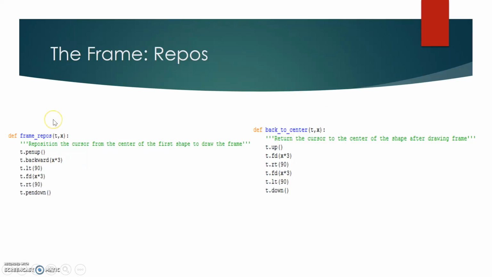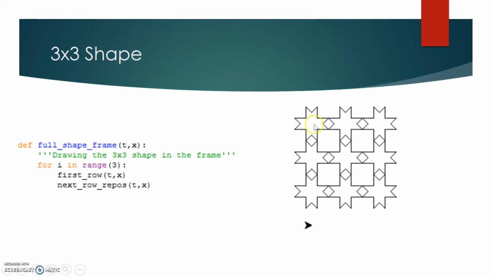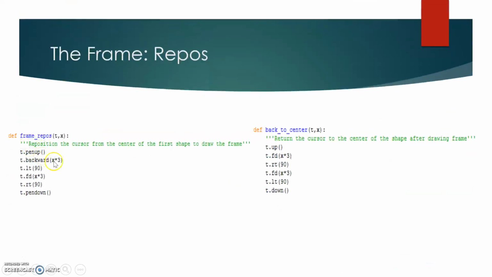This function is also a reposition, but to draw the square, and it starts from the center of the first shape and goes to the top left. This function is used after I draw a frame, which is a square anyway.